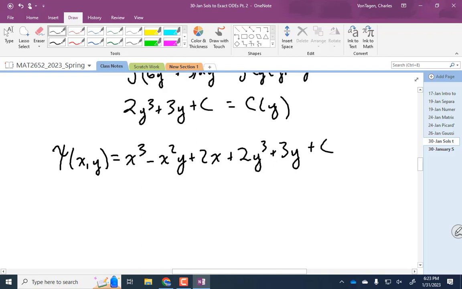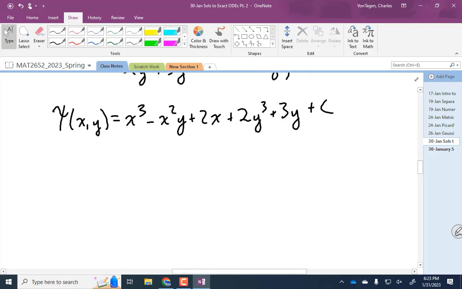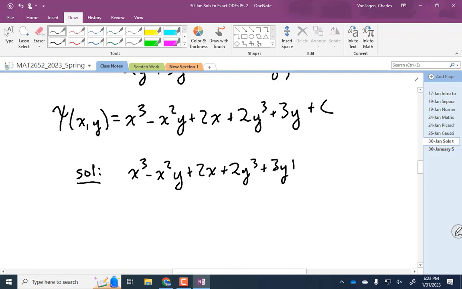That's my psi sub xy. So my solution to this differential equation is the implicit solution, and oftentimes we park it like this.